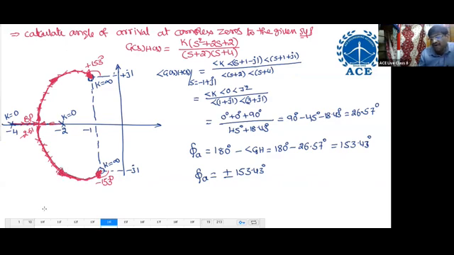So what do you understand? What is the difference between the transfer functions? Same. Just I interchanged the poles and zeros.